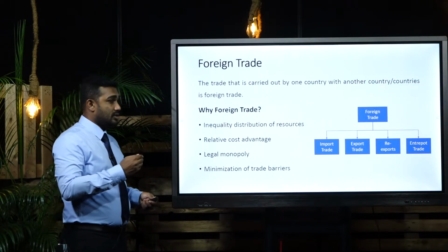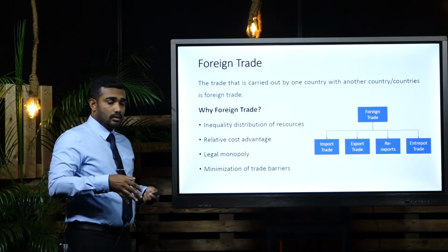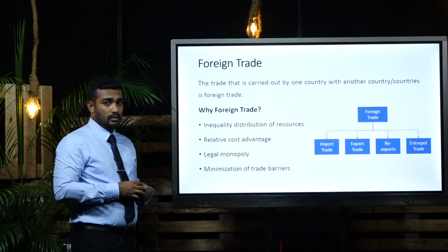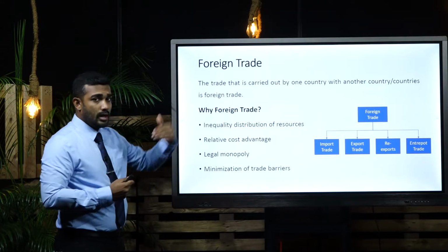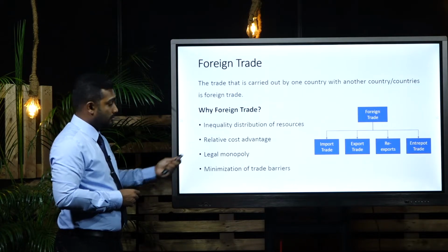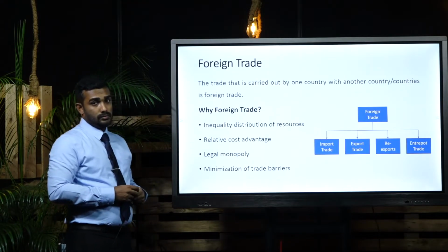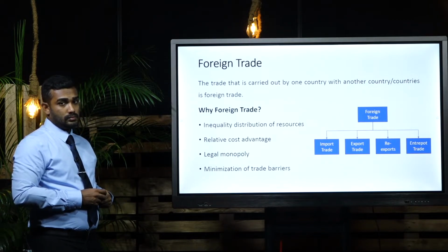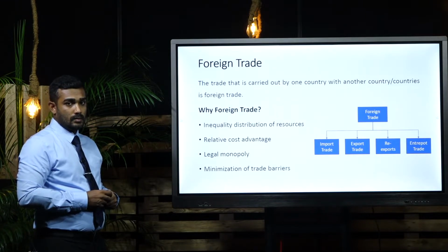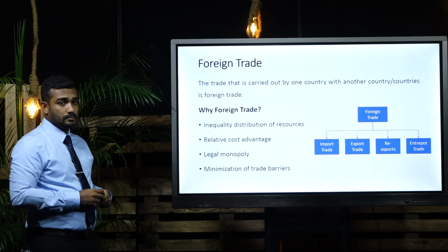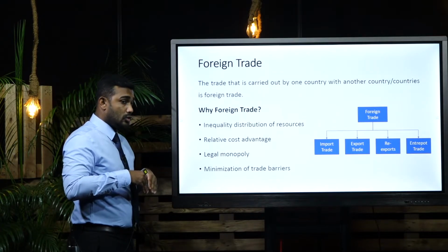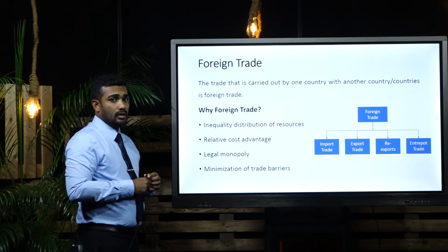Now when it comes to manufacturing it in a country, sometimes it might incur huge cost, but the same can be imported at a lesser price. There are certain products like that, where if they are going to manufacture in here, then the cost would be high compared with importing it.